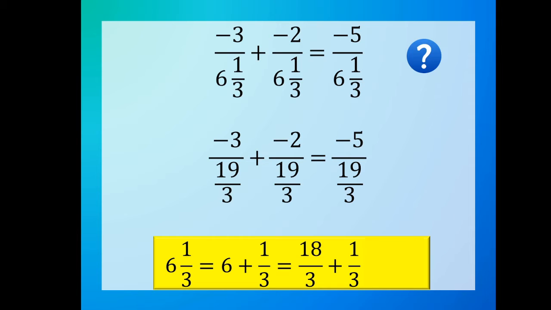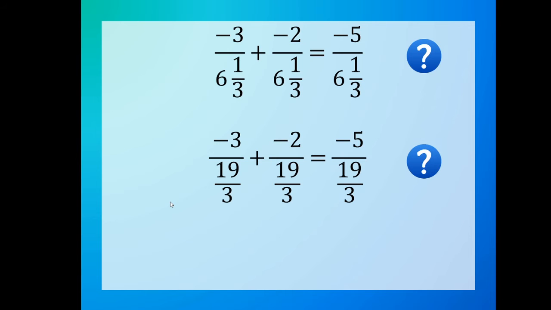Now we can add these two fractions because they have the same denominator and both their denominators and numerators are positive integers. We add the numerators but keep the denominators the same. 18 plus 1 is equal to 19 and the 3 stays the same. So we still do not know that the second equation is true. Now I can work with the -3 over 19/3.